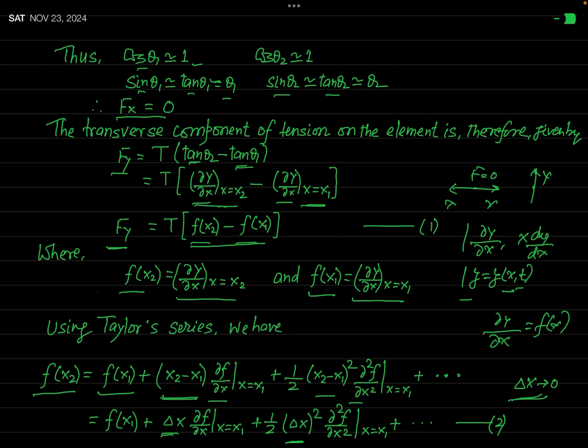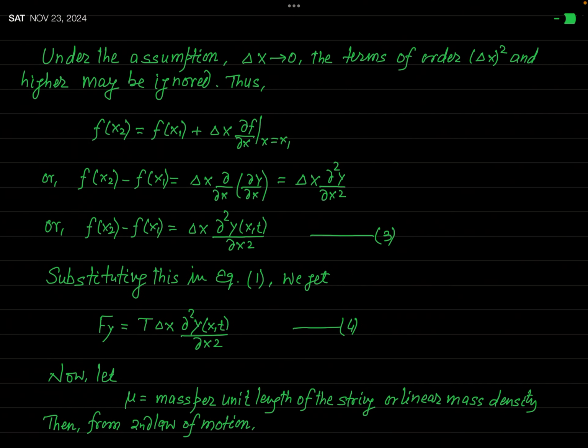And so in this first order approximation, we will neglect the terms containing delta x squared, delta x cube and so on. And therefore, you can see this f of x2 then becomes f of x1 plus delta x times del f by del x at x equal to x1.